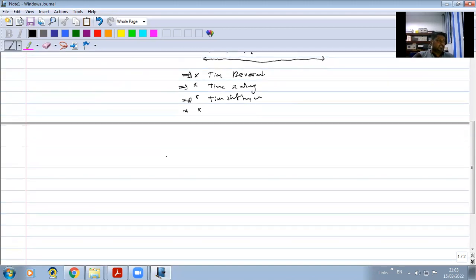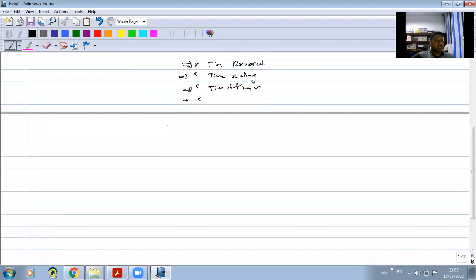Time reversal is nothing but, if you have any signal x(t), you know that t is the independent variable. So in your signal there should be a t variable. For example, if it is a sinusoidal signal, it looks like sine(omega naught t plus 5). You can see that t is here. Time reversal is, instead of this t, we substitute minus t.